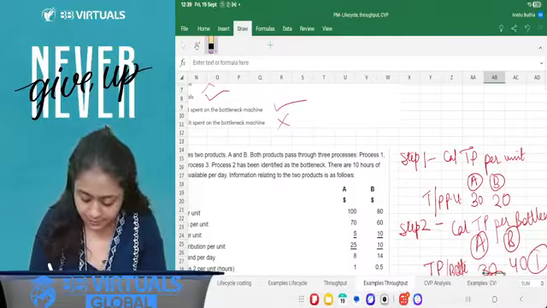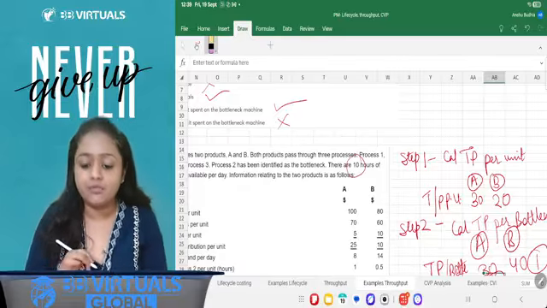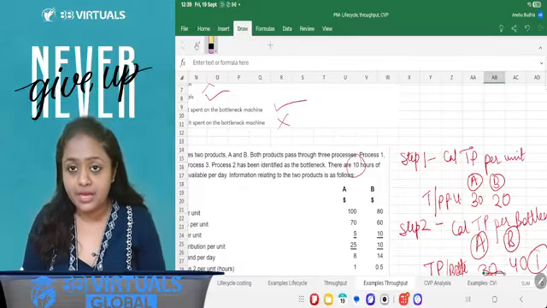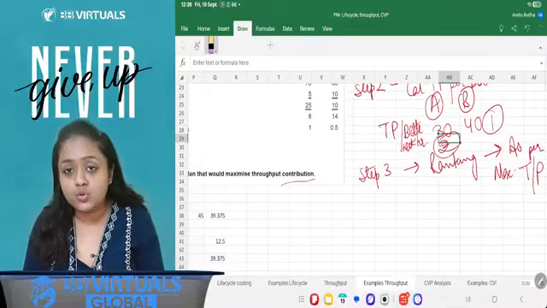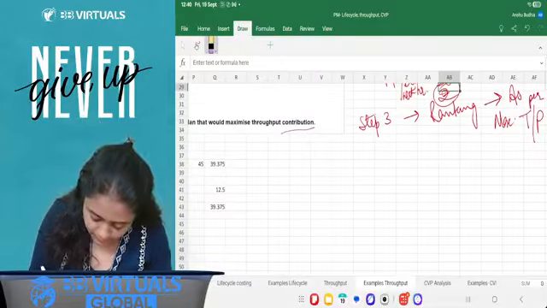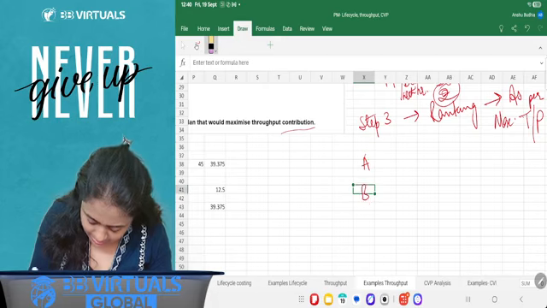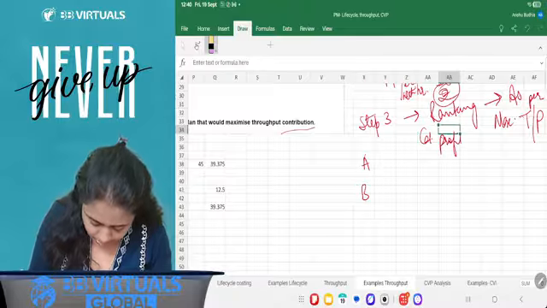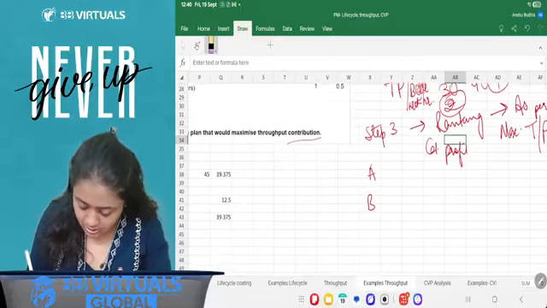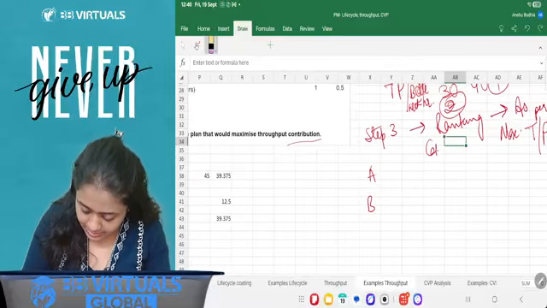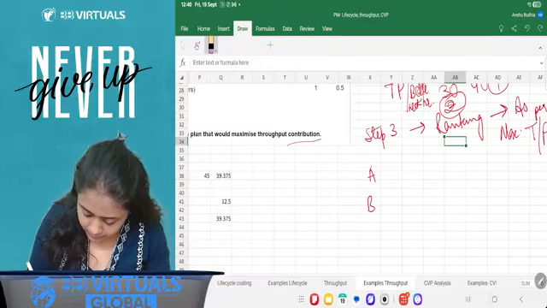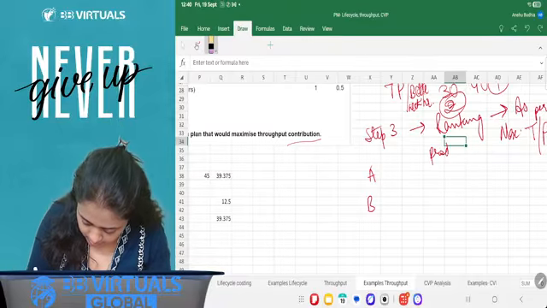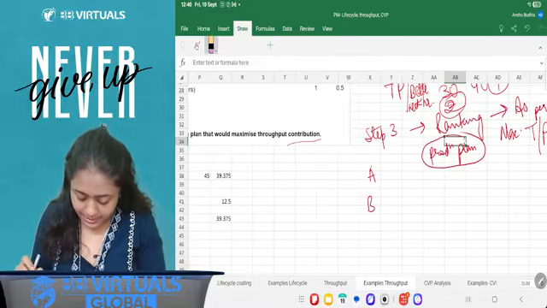Here the question gives me the total we have only 10 hours maximum. So how much hours we can use here? Let's see. So I will write here product A and B and we are calculating the profitability. Right? The question says the plan. Sorry. We have to make the plan. Let's make the production plan.